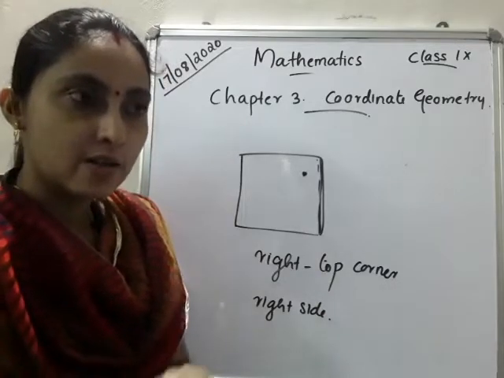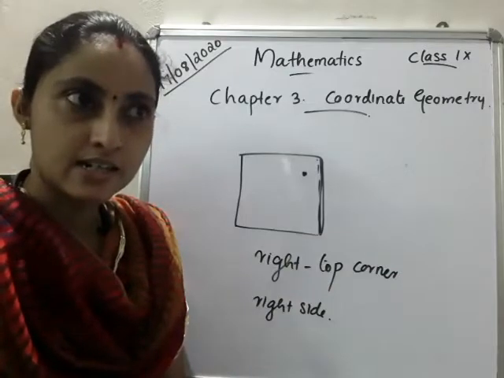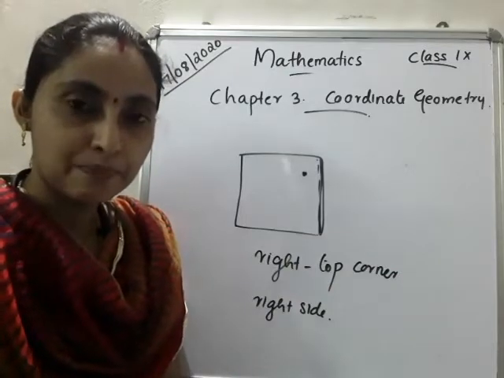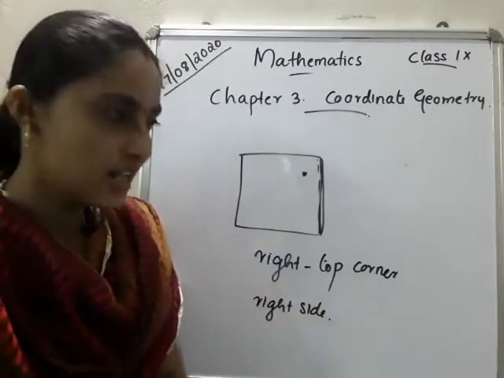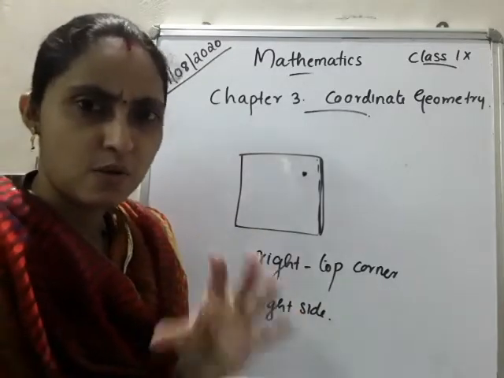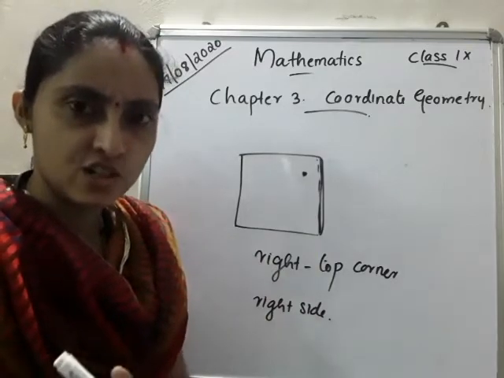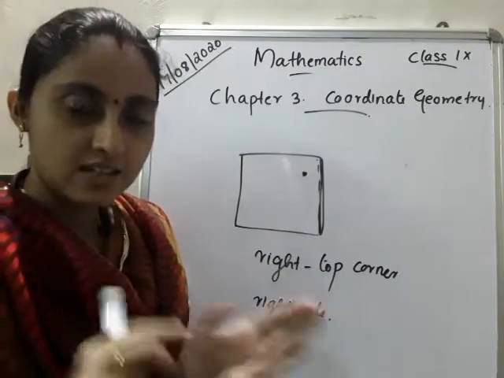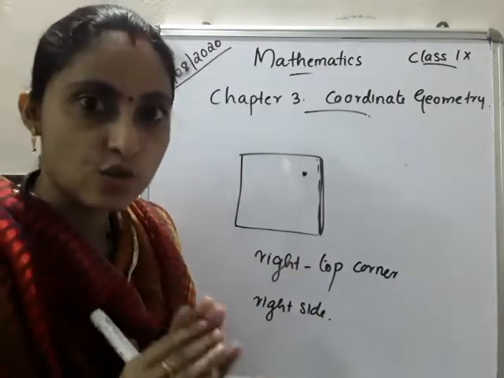You already studied coordinate geometry in 8th standard, the chapter introduction to coordinate geometry. In that chapter you already studied about the axes, coordinates and all this. Just revising them, and there is one small portion in this chapter. After this period, that chapter will be over. I will take it as two parts. The first part is based on the introduction and the second one is additional questions only.